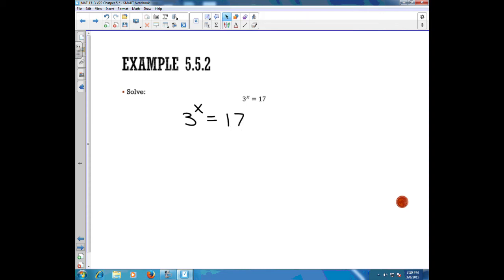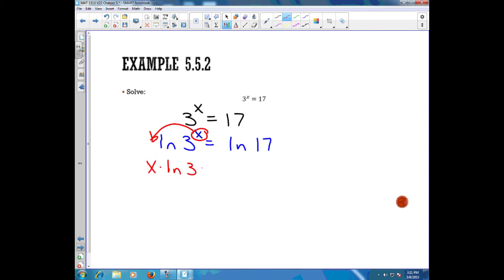Once again, we have the exponential component isolated, so we're going to take the natural log of both sides. The natural log of 3 to the x is equal to the natural log of 17. Using the power rule from before, we can take the x and move it in front as a constant. So that we get x times the natural log of 3 is equal to the natural log of 17.